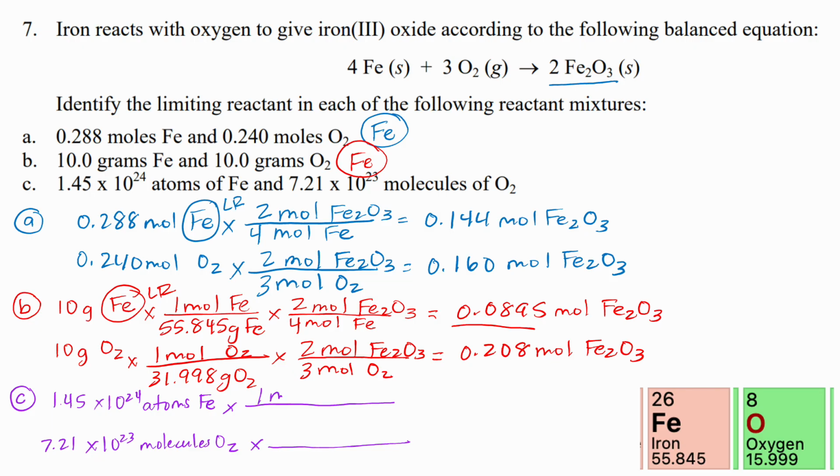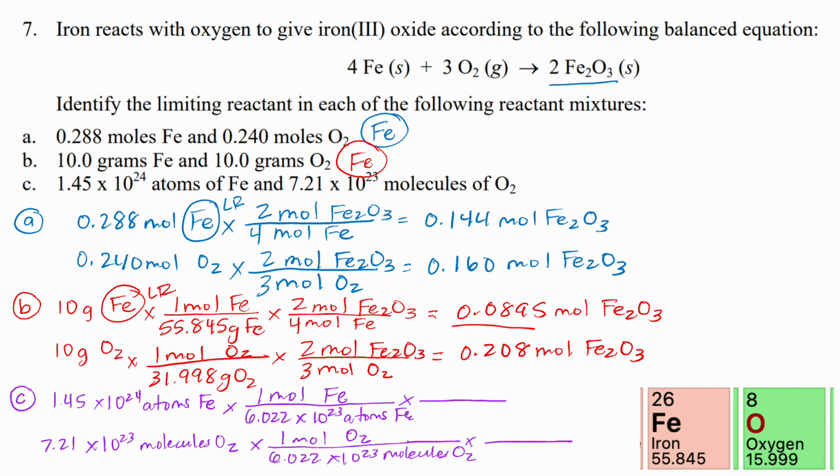So we know 1 mole of iron is equal to 6.022 times 10 to the 23rd atoms of iron. And we also know that 1 mole of O2 is equal to 6.022 times 10 to the 23rd molecules of O2. And now that I'm in moles, I can go ahead and convert that into my product.